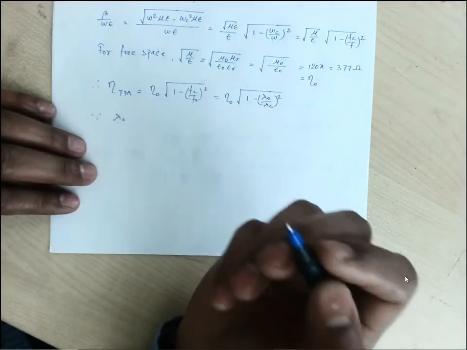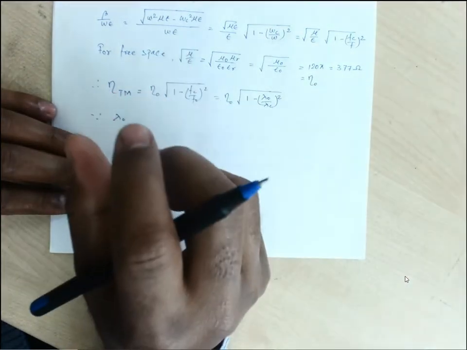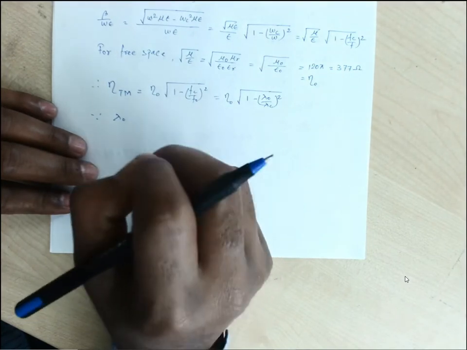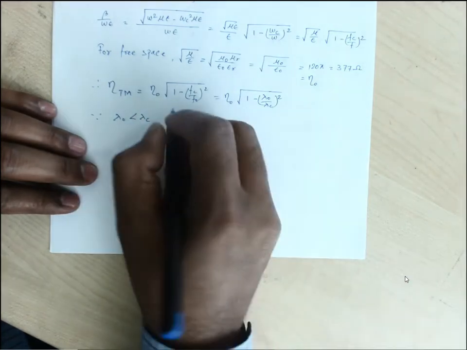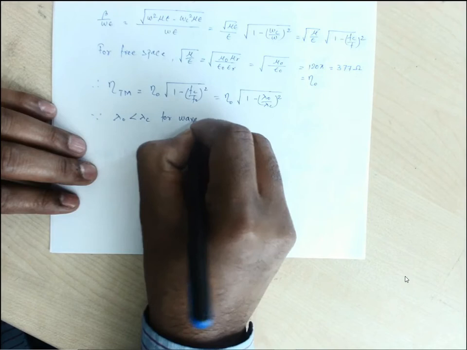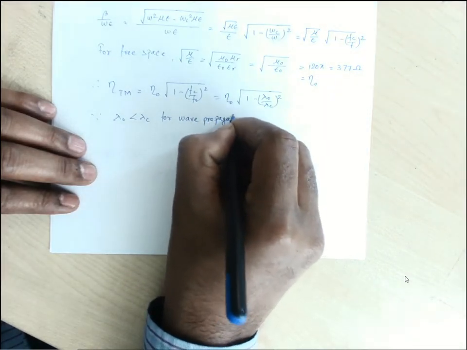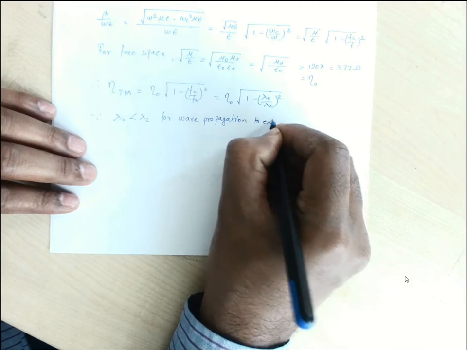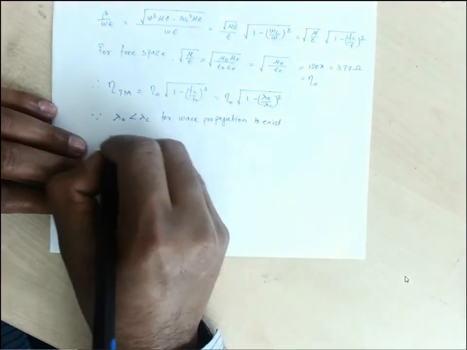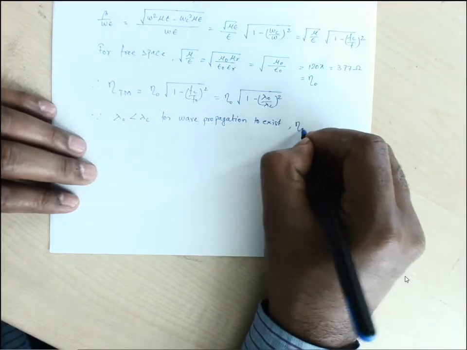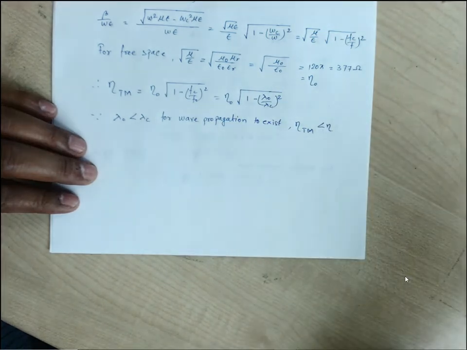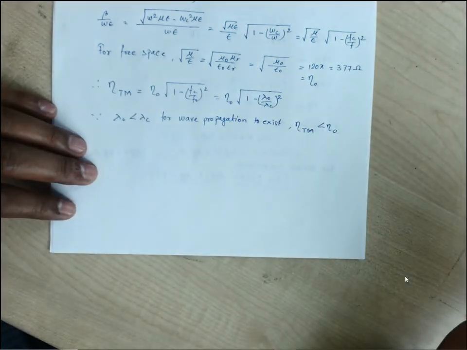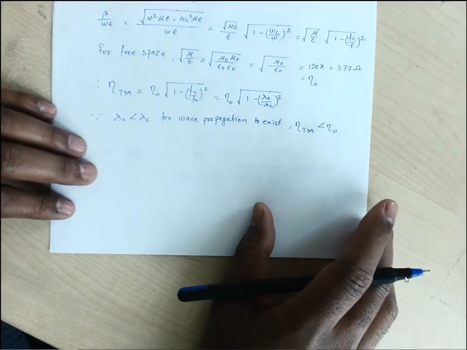The free space wavelength is that of the wave propagating in free space, inside the waveguide. Since this wavelength is less than lambda c, for wave propagation to exist, we can write that this eta TM is less than the intrinsic impedance of the free space.